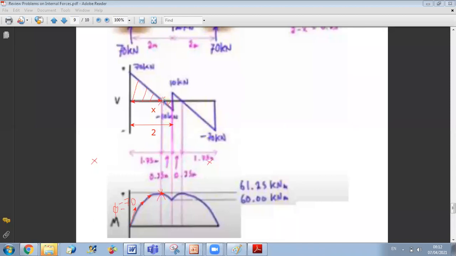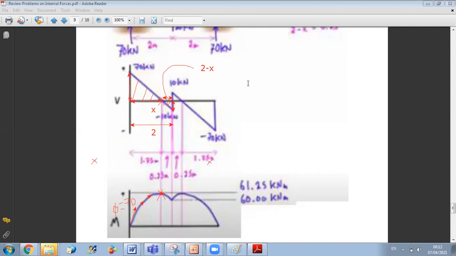So this part here is 2 minus x. Now you can apply the concept of Thales or similar triangles. So you can say that the ratio of 2 minus x over x is equal to this length, which is 10, over this one, which is 70.